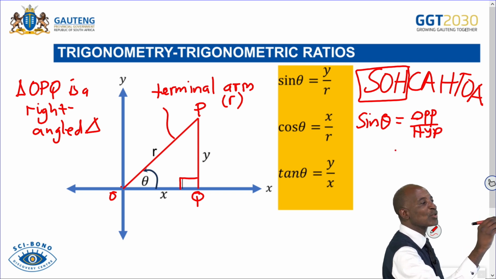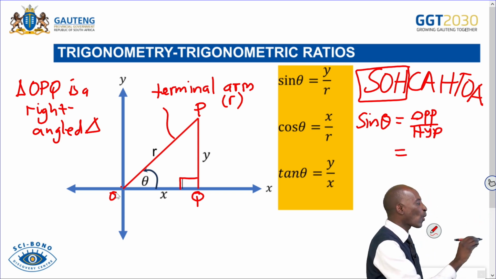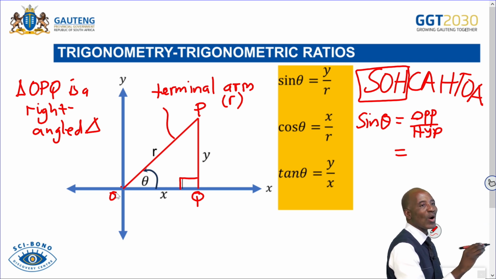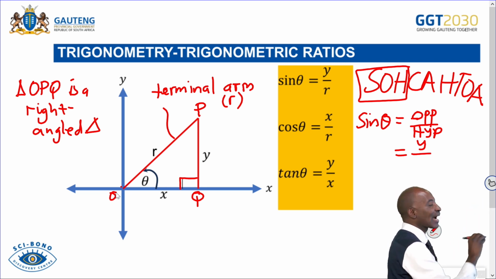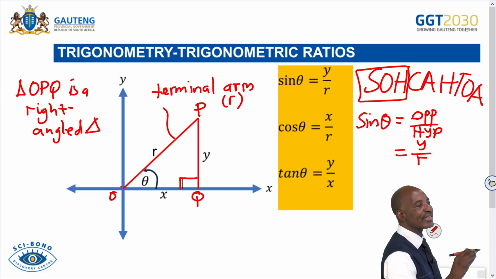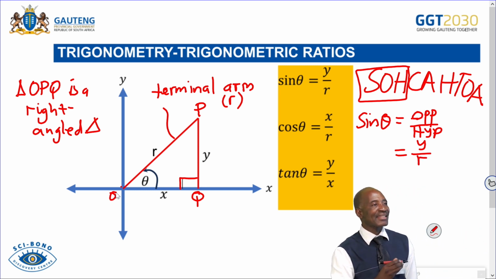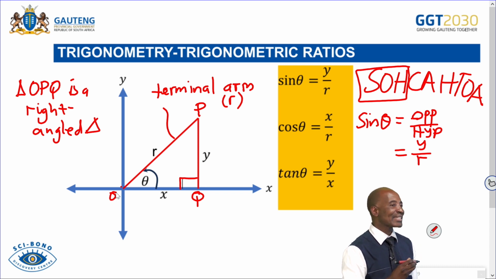So in this case, when you check your diagram, the side opposite the angle is Y, and the hypotenuse side is our R. Therefore, our ratio sine theta is given by Y divided by R. That is our ratio for sine.